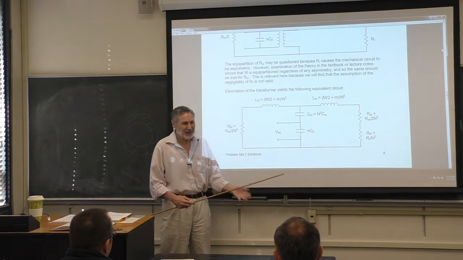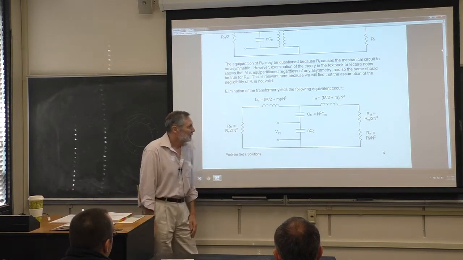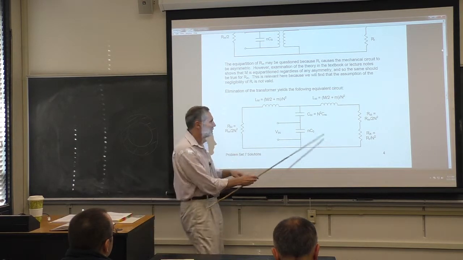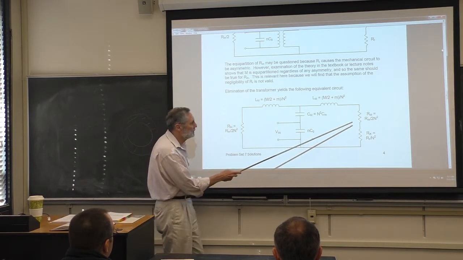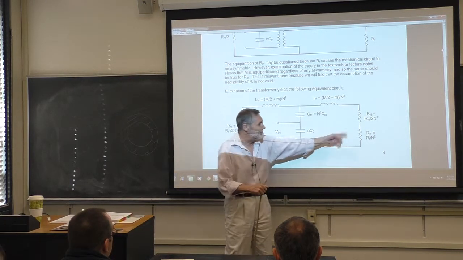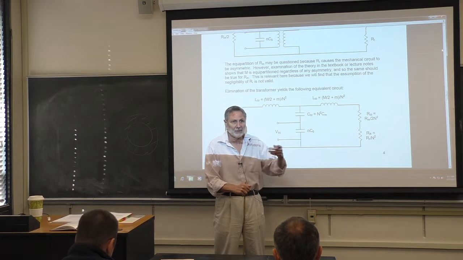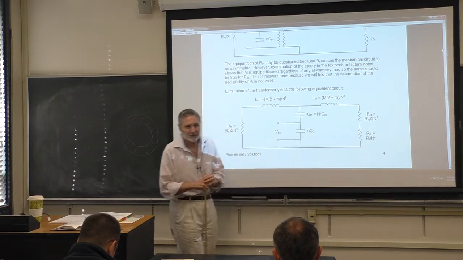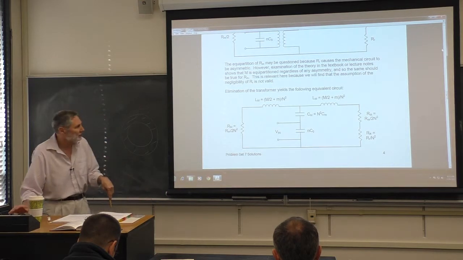You could do otherwise, I guess, but it just seems a lot easier. Then in the end, once you've found these electrical quantities, you can find the mechanical quantities. You just have to scale by n squared, either up or down. You can see it here. You can always get them. And I think actually we're going to have to do that here.